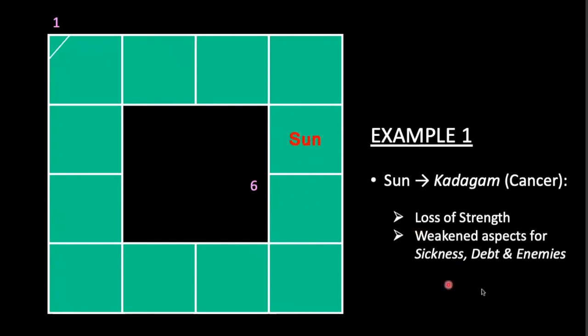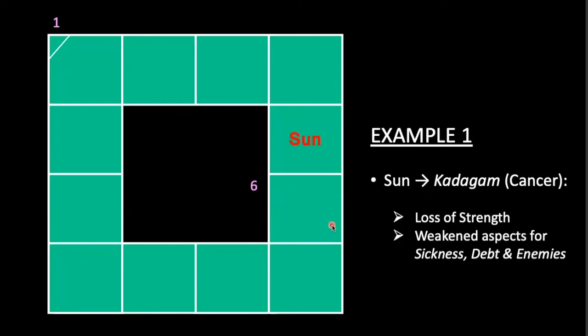This is actually a good element, meaning that you don't have sickness, you don't have debt, you don't have enemies. Your enemies won't be in a good state of mind. Or you can say that you won't have enemies, which is a negative for a Dusthana.